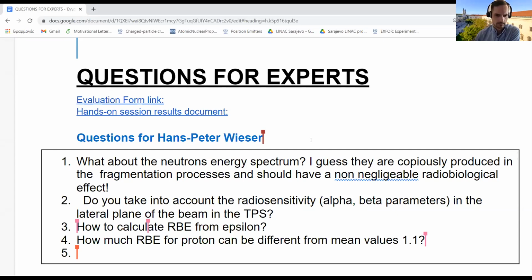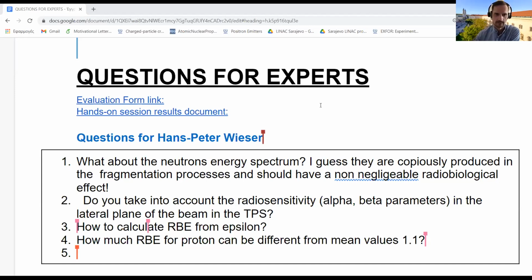But if we believe the variable RBE models that again have been mostly validated with in vitro data, then the RBE increases towards the distal edge of the SOBP and might reach values of 1.3, 1.4, and slightly lower values below 1.1 in the proximal region. But I think clinically, we're not far off the mean value of 1.1.